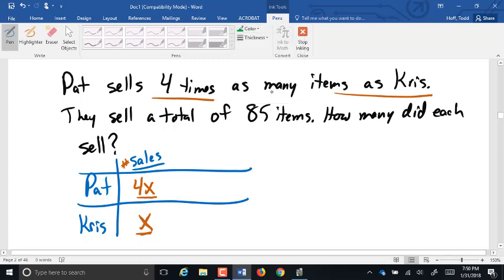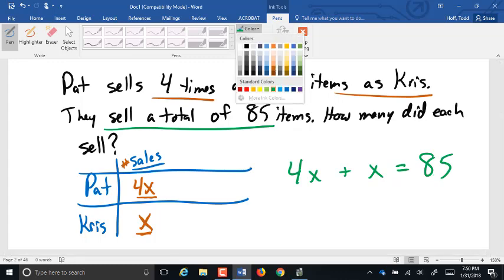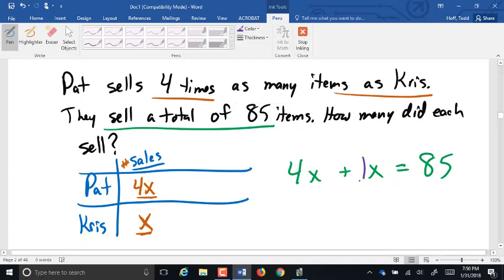So now that I have that, I can go ahead and write an equation. Are these added? Are they subtracted? How are they related? Total of, perfect. Pat plus Chris equals 85. So 4X plus X equals 85. And yes, we treat that as 1X.